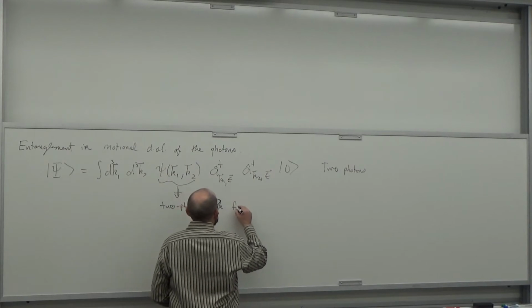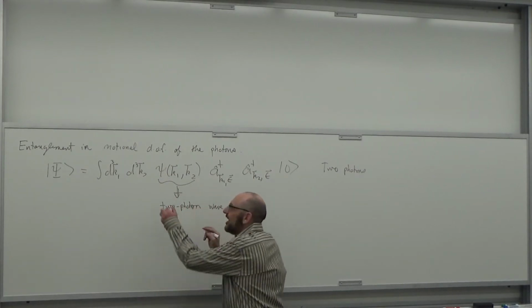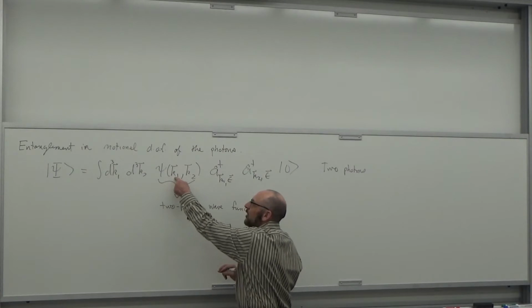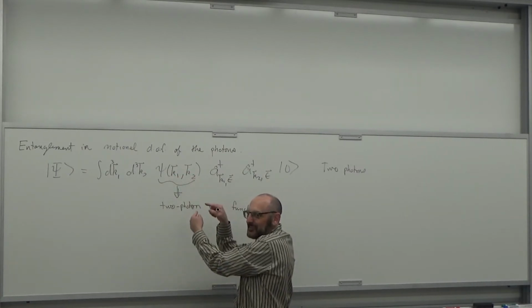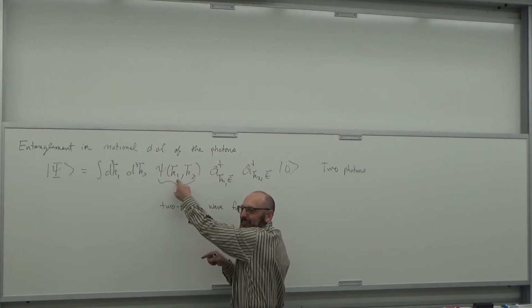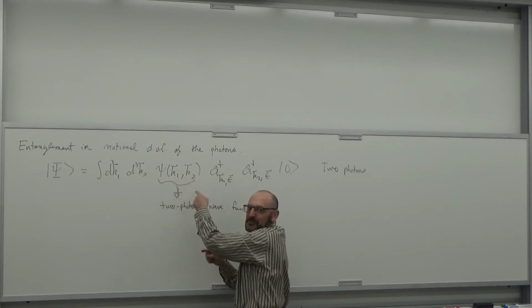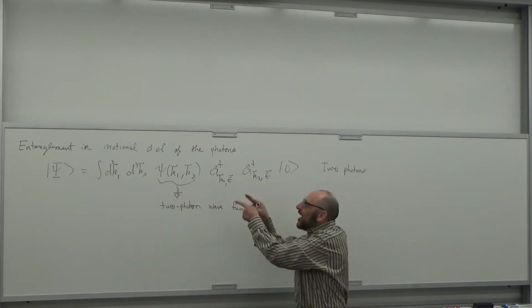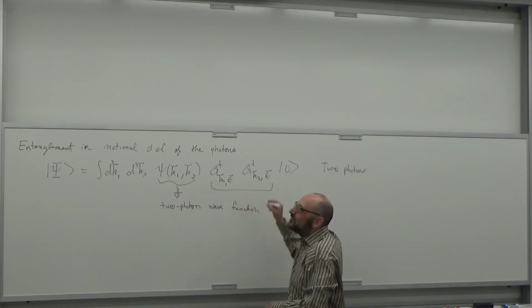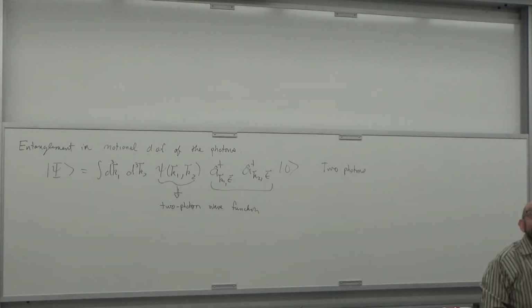Of course, if I wrote it in first quantized form, I'd have to say either Ka is equal to K1 and Kb is equal to K2, summed with Kb equals K1, Ka equals K2, right? But written in the second quantized form, I don't have to symmetrize everything because the creation operators take that into account.